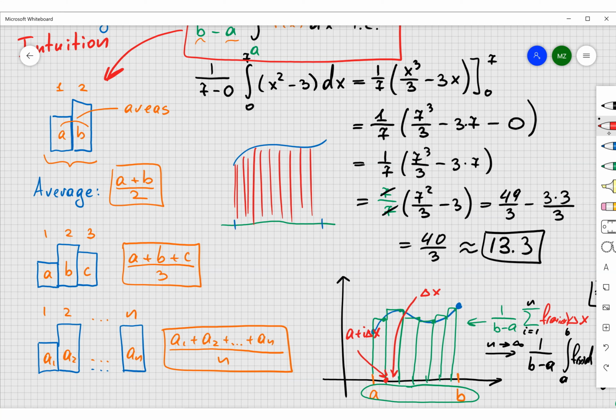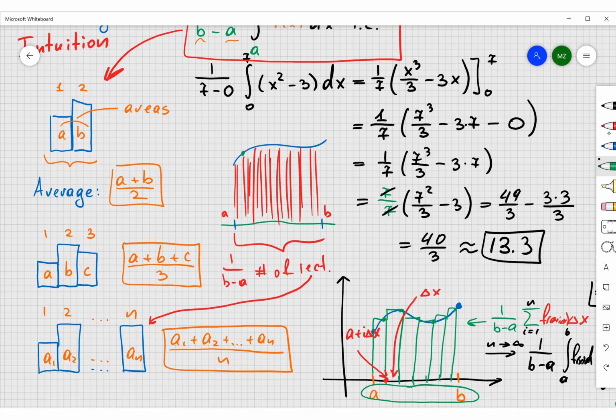Or in other words, you can imagine that at the limit our interval is filled in with those vertical lines, where each vertical line is the value of my function over that interval, and 1 over b minus a accounts for how many of those lines we have, and each green point is just the value of my function. So we can see the analogy between finding the average of finitely many numbers and finding the average value of a function when the function is given on some closed interval.